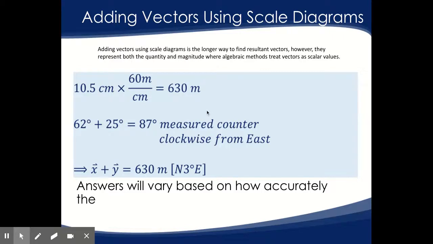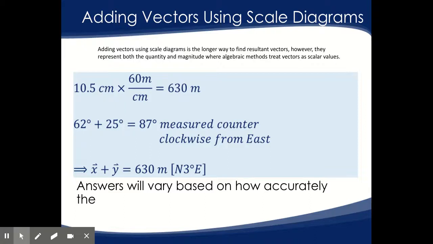If you measured it just a couple of millimeters off, you'll have slightly different numbers. So if you're working on this and you're trying to compare what you got to the answer key, or if you're comparing it to a friend that's also in physics and you guys aren't exactly the same, that's okay. When we're adding vectors using scale diagrams, you're going to have some variability in there. And that's just the nature of it, and that's fine.